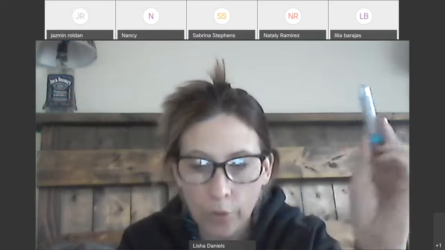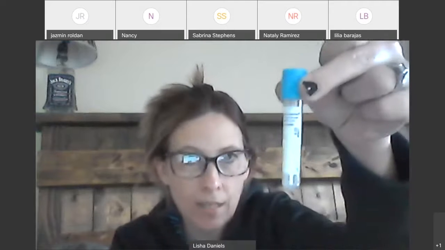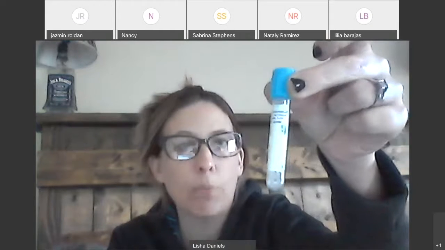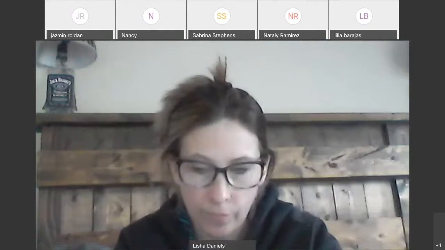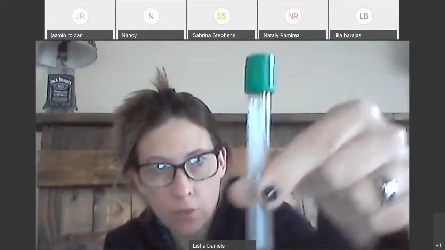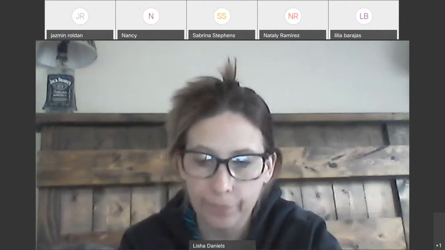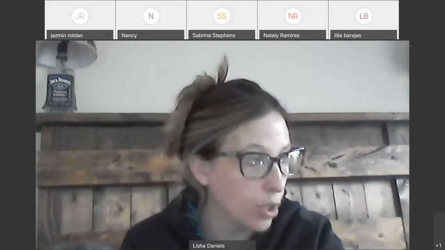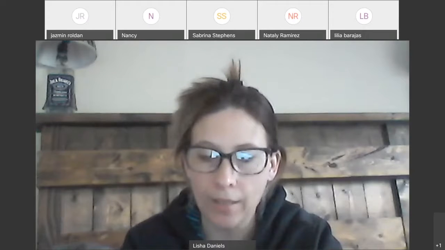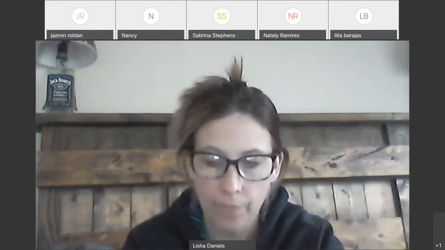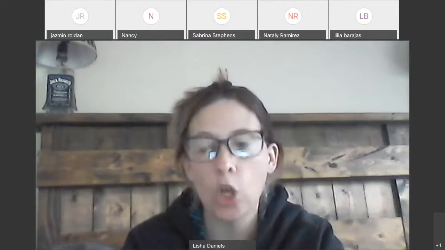For our light blue, highlight that it contains an anticoagulant, sodium citrate. This is a common tube for testing your prothrombin time, your PT test. Highlight that. Our green tube, highlight its anticoagulant, heparin. Our gray tube, which I don't have on me, highlight a preservative and potassium oxalate, an anticoagulant. On number 7, royal blue, highlight EDTA or no additive at all.